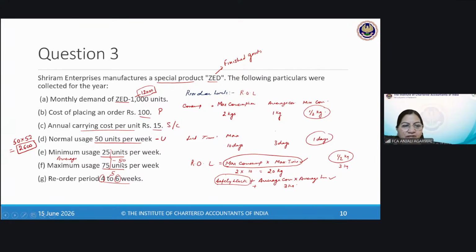So if average is given, use that. Do not calculate it using minimum and maximum. But when minimum and maximum are both given and average is missing, you can calculate the average. However, if in this question average is given as, let's say, 60, then you will not calculate 25 plus 75 divided by 2. You will use average consumption as 60.